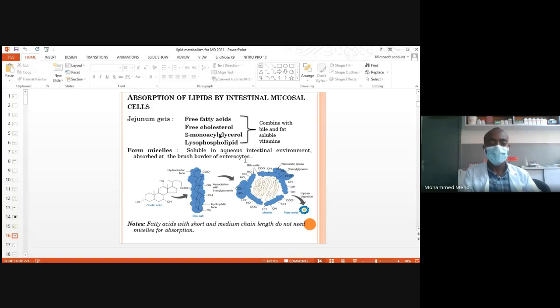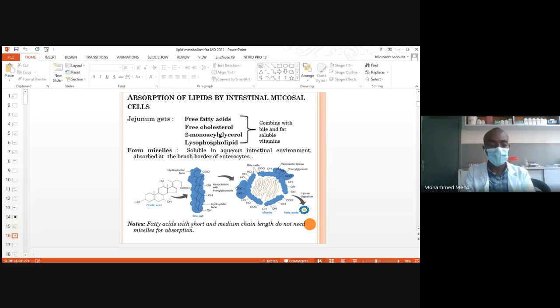What you have to notice is the short and medium chain fatty acids. Carbon number between 4 to 6 is called short chain, and from 8 to 12 is called medium chain fatty acids. They will be absorbed directly into the portal vein, not the lymphatic vessel.